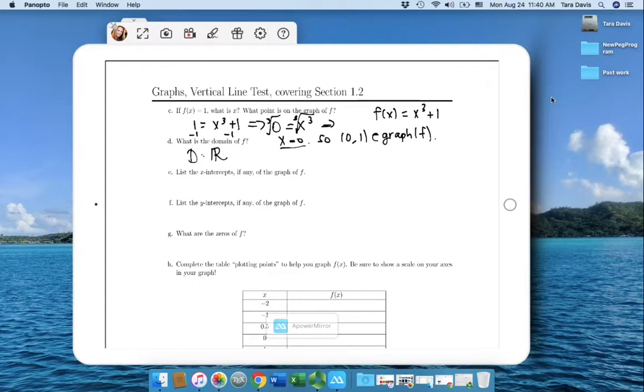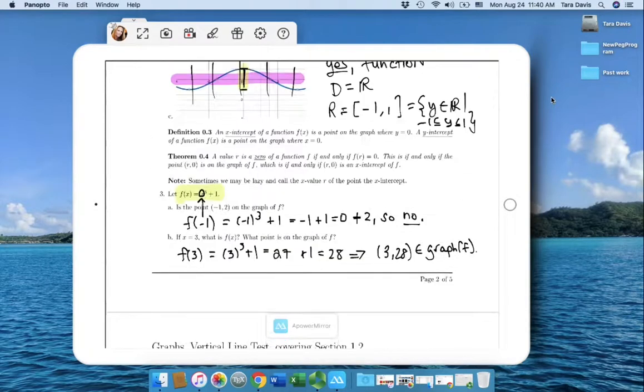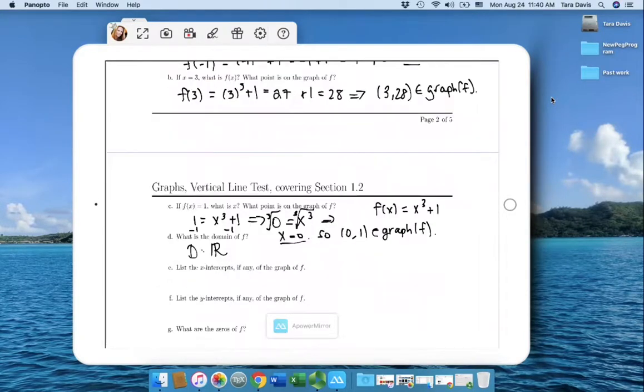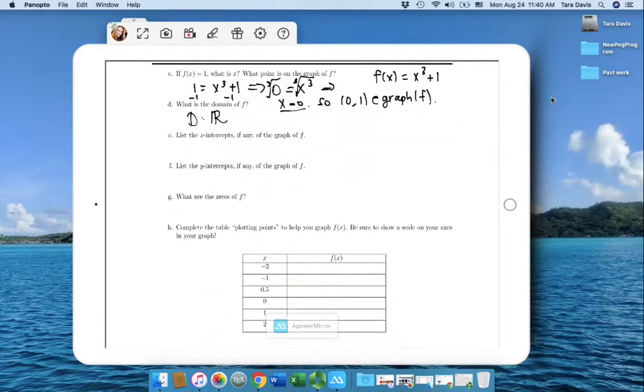Okay, so moving on to one of the new concepts, we're going to list the x-intercepts, if any, of the graph. So remember from right up here that the x-intercept is when y equals 0. Okay, so basically we just need to figure out what value of x makes y 0.